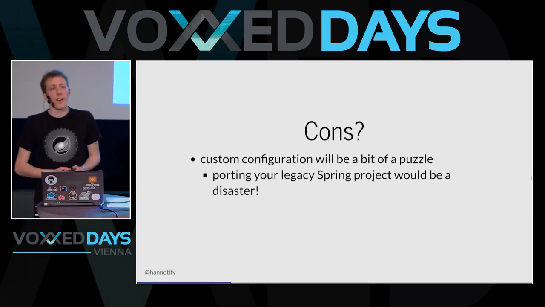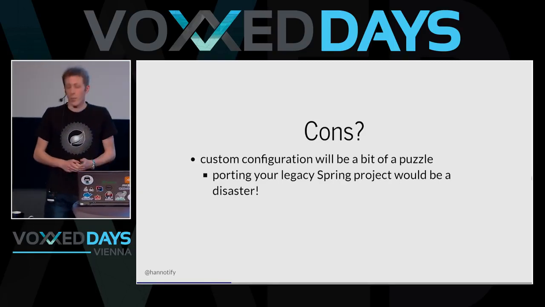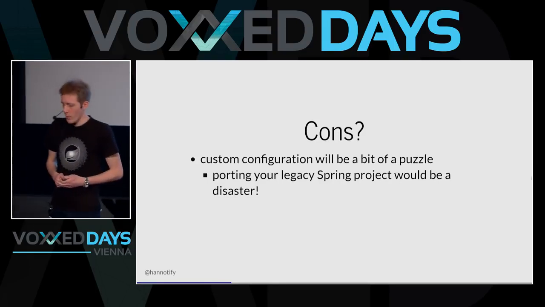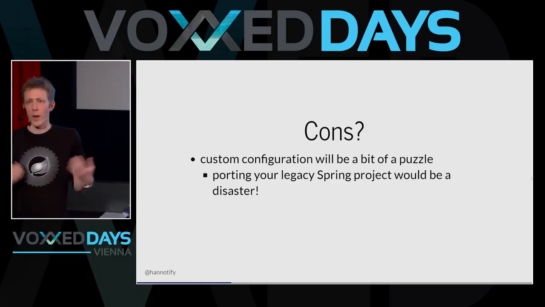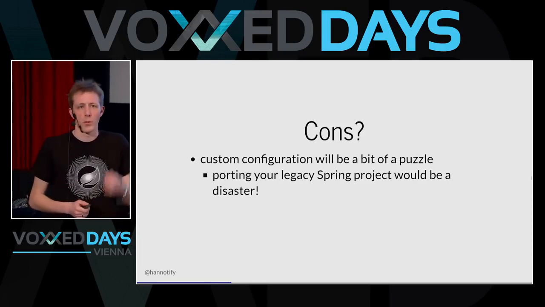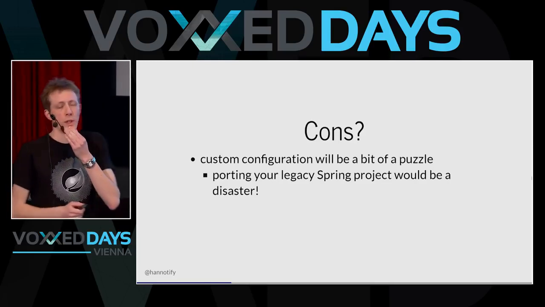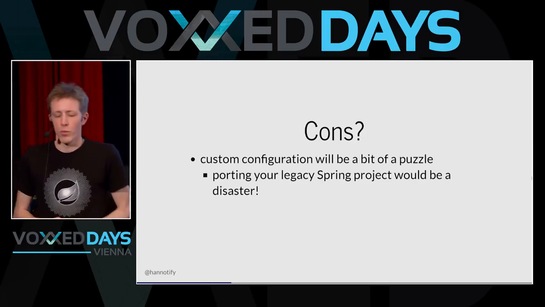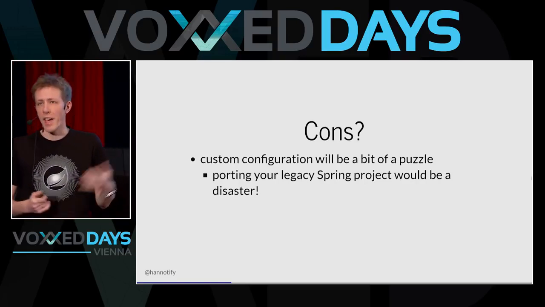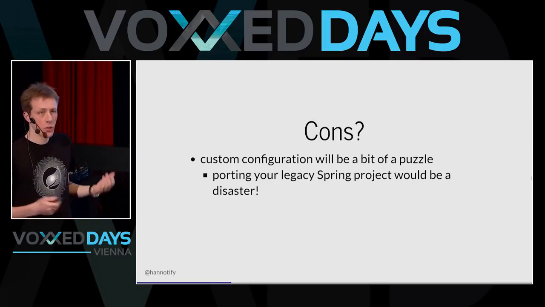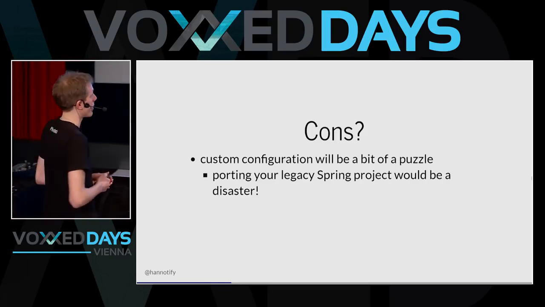And I also wouldn't advise you to port your legacy Spring project to Spring Boot, because Spring Boot is designed to get you up and running quickly, like with a new project or a demo or proof of concept. So porting your legacy Spring project would mean that you would have to deal with all kinds of deviations from the defaults. So custom configuration all over the place.